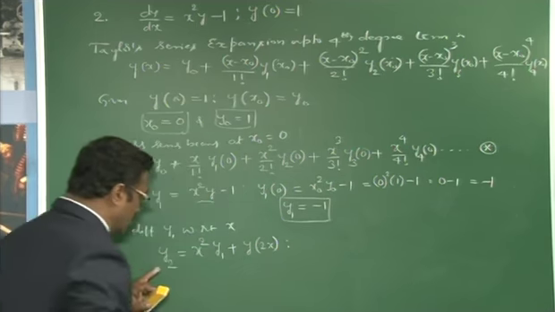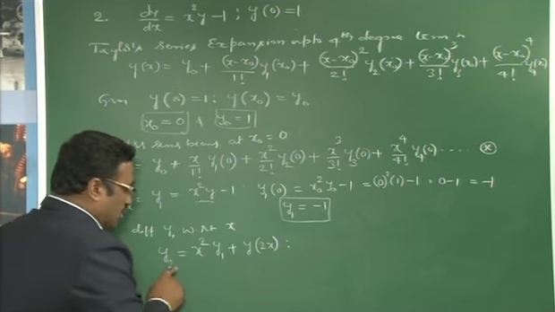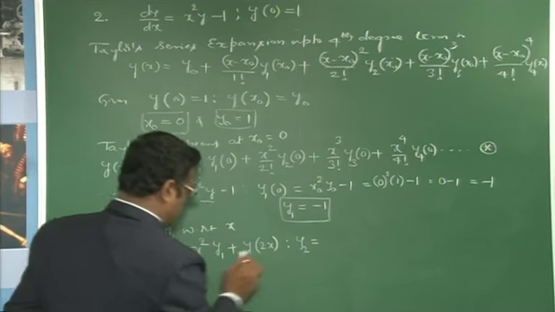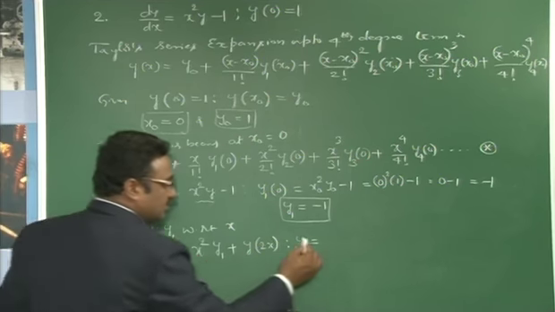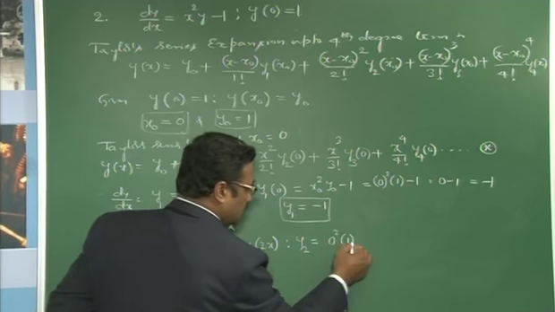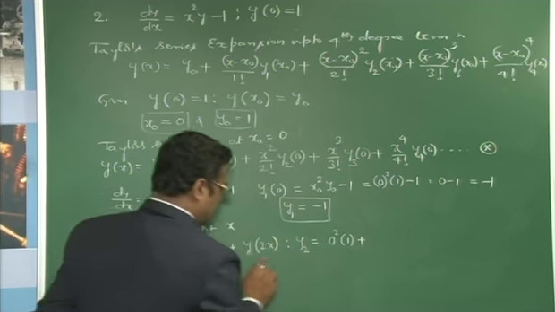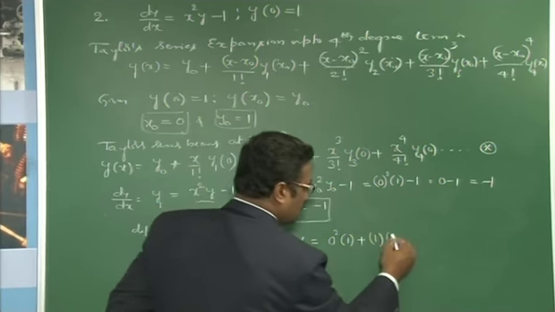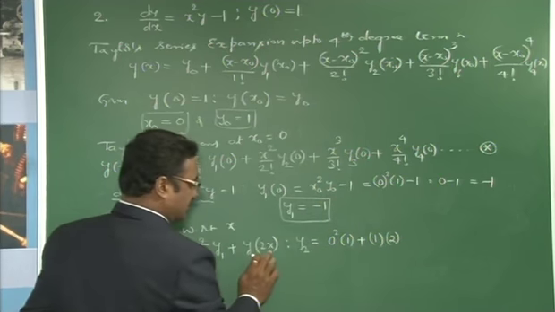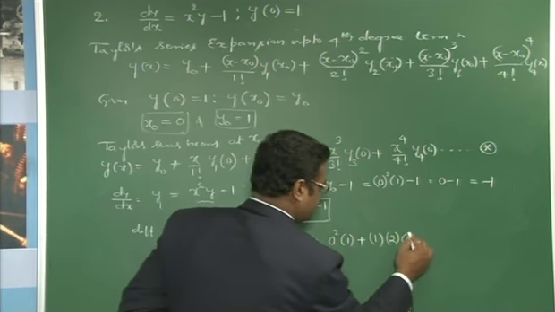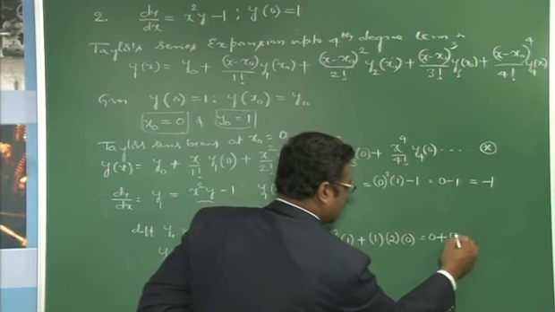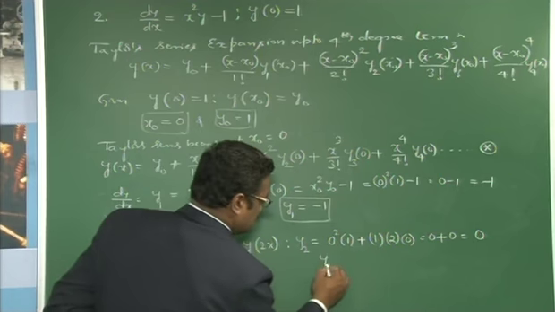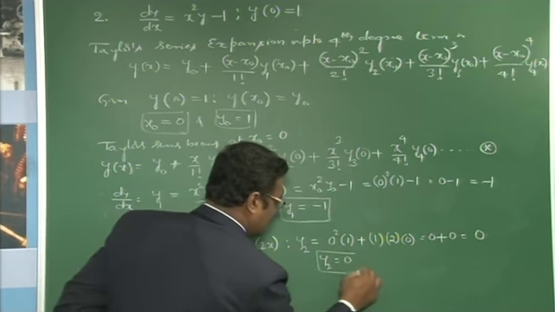Now again put the point x naught equal to 0. y2 is equal to x naught square, 0 square into 1, plus the value of y naught, which is 1, times 2 into x naught, again 0. So 0 plus 0 becomes 0. That means your y2 value will become 0.